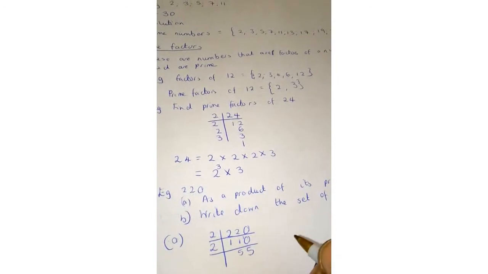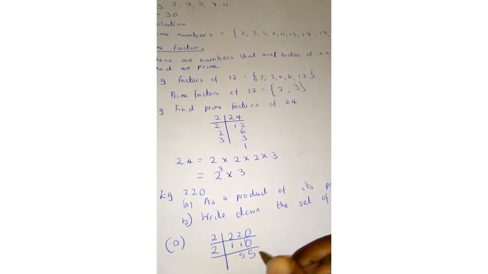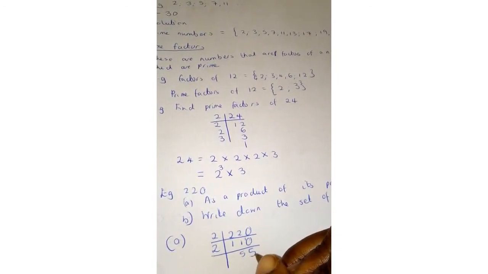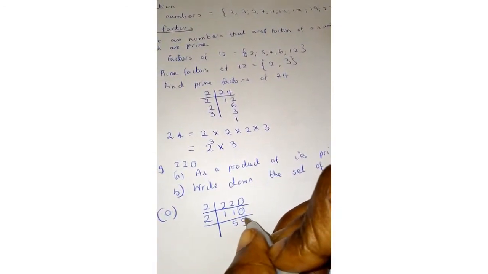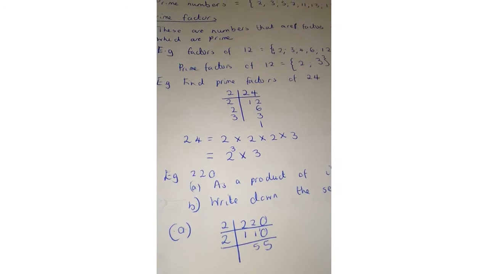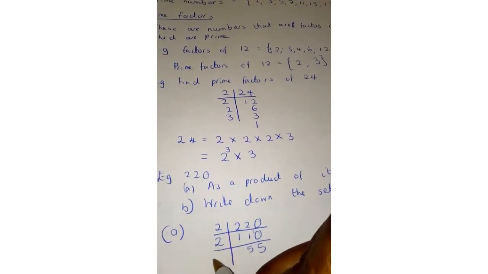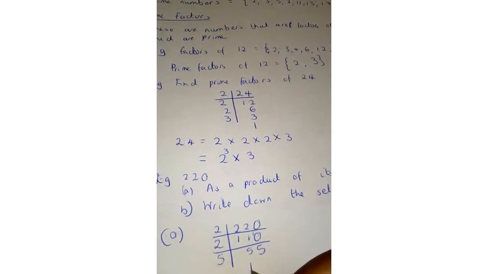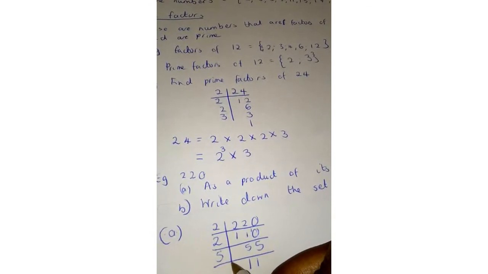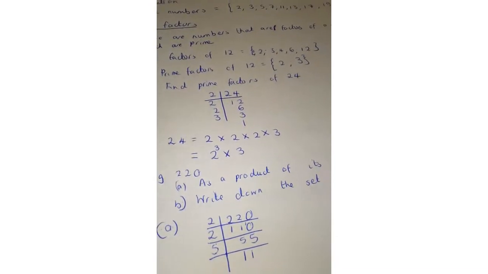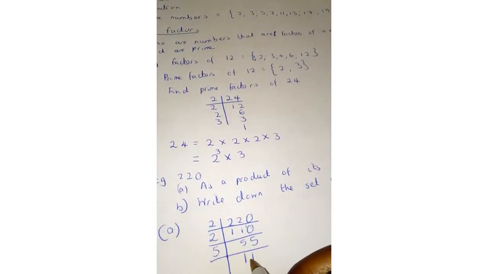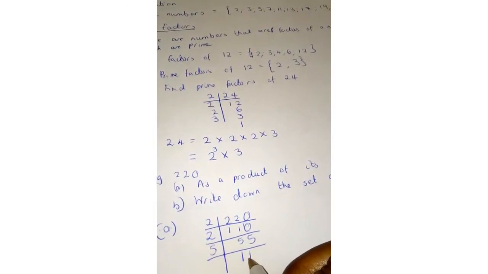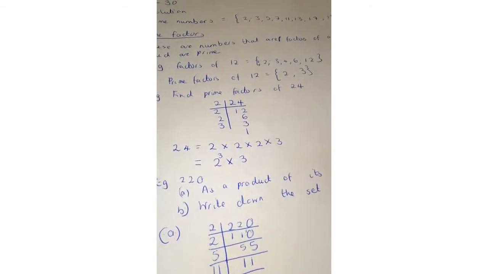And then next 2 into 55 leaves a remainder, right? 3 into 55 also leaves a remainder. Then next 5, is 5 a prime factor? Yes, it is a prime factor. Then next 7, is 7 a prime factor? No. 11 is a prime number, so it is 11, like this.